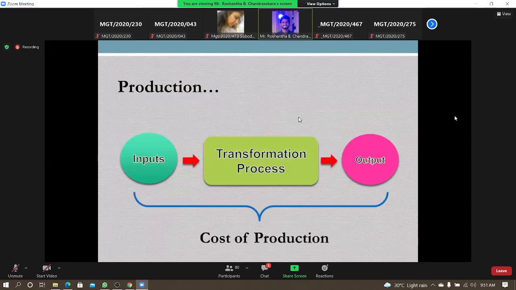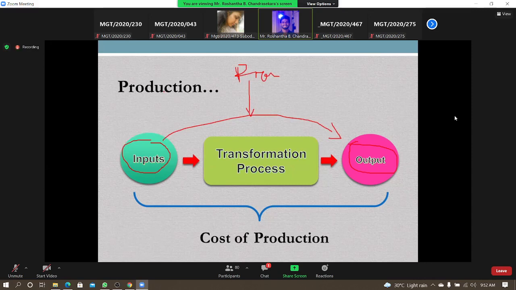So we all know production is a systematic process where we include inputs in order to take output. To make this happen, we have a process to follow, right, Lamai?